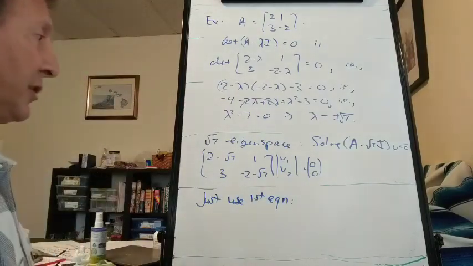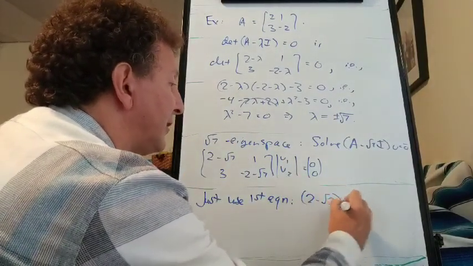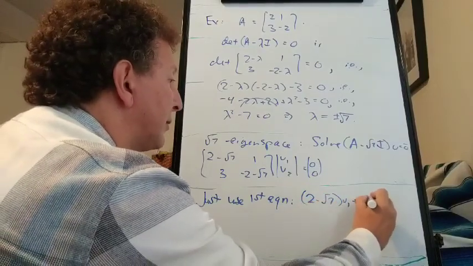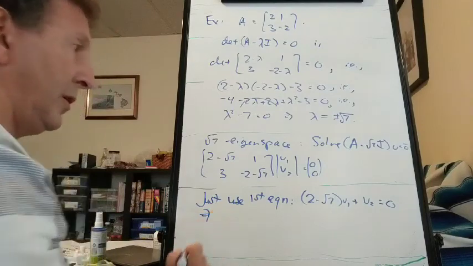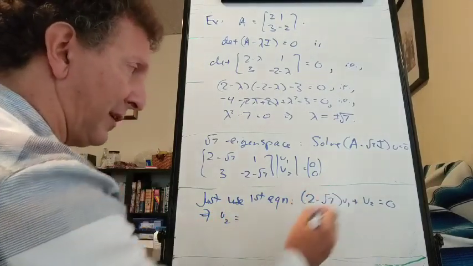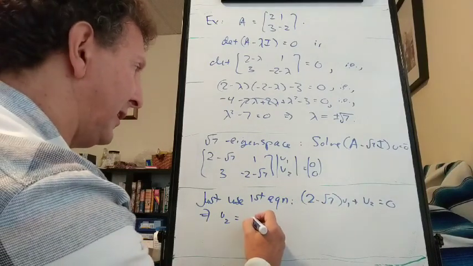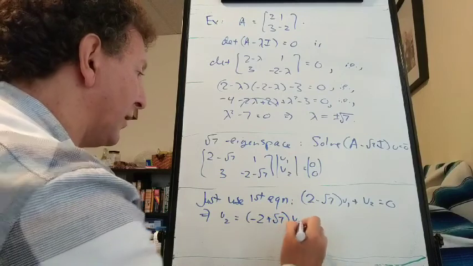If we just look at the first equation, that says 2 minus root 7 times v1 plus 1 times v2 equals 0. Or in other words, v2 equals, subtracting this, negative 2 plus root 7 times v1.